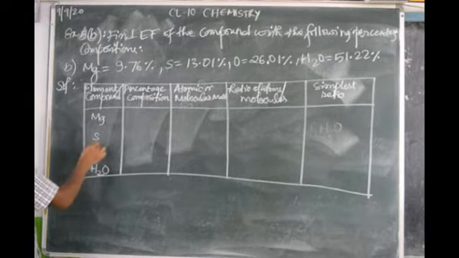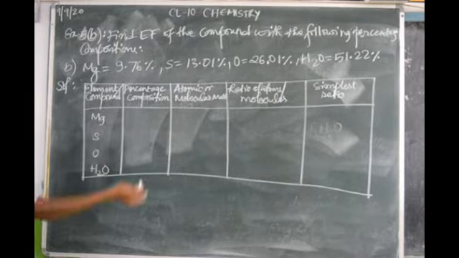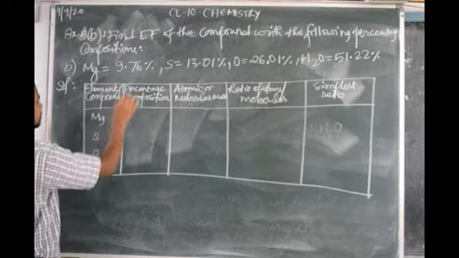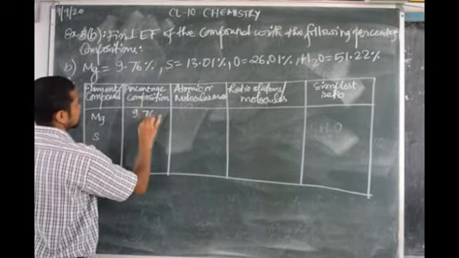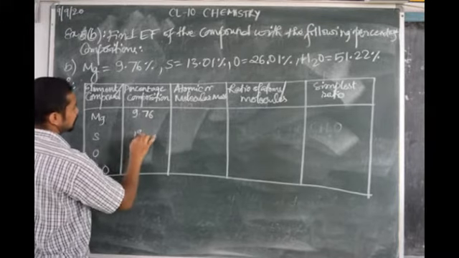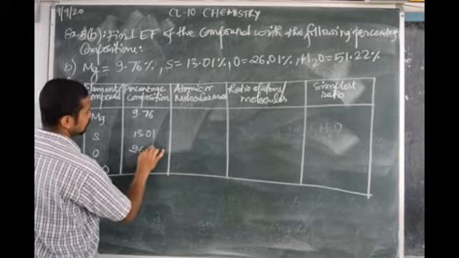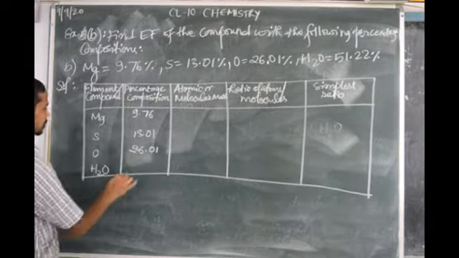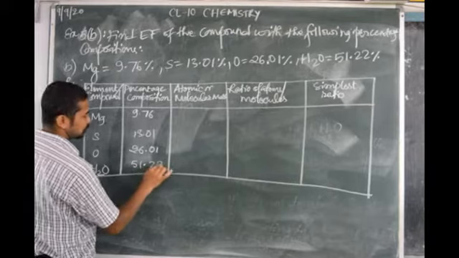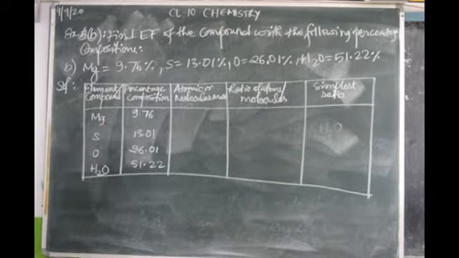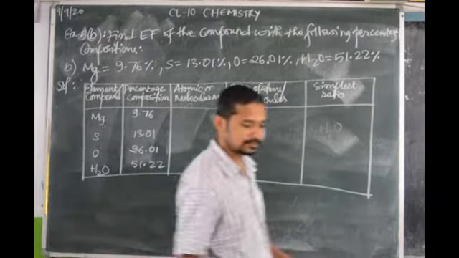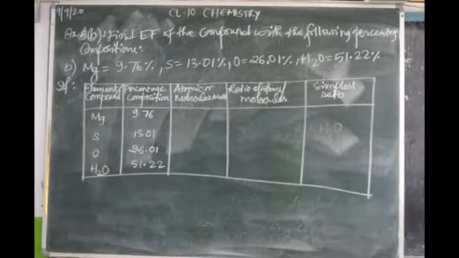Now percentage of magnesium given here is 9.76, sulfur 13.01, oxygen 26.01, then water 51.22. When you add all this, you need to get 100%.